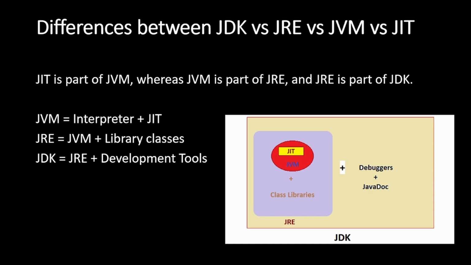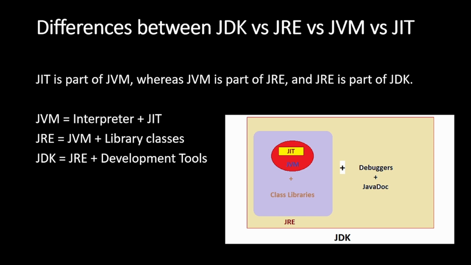What is the difference between the JDK, the JRE, the JVM and the JIT? The JIT just-in-time compiler is part of the JVM, Java Virtual Machine, whereas the JVM is part of the JRE, Java Runtime Environment, and the JRE is part of the JDK. So the JVM is an interpreter and a JIT.